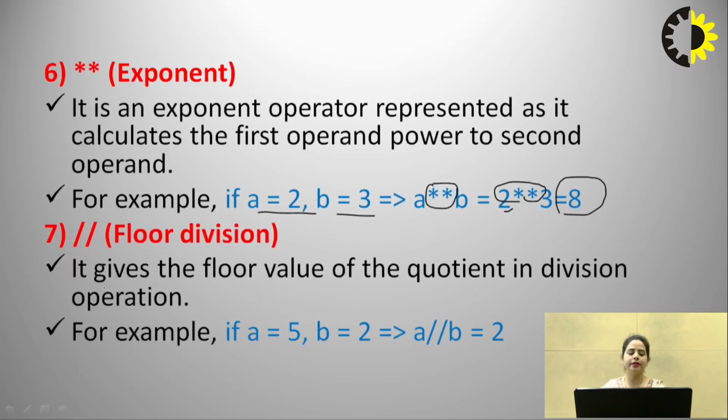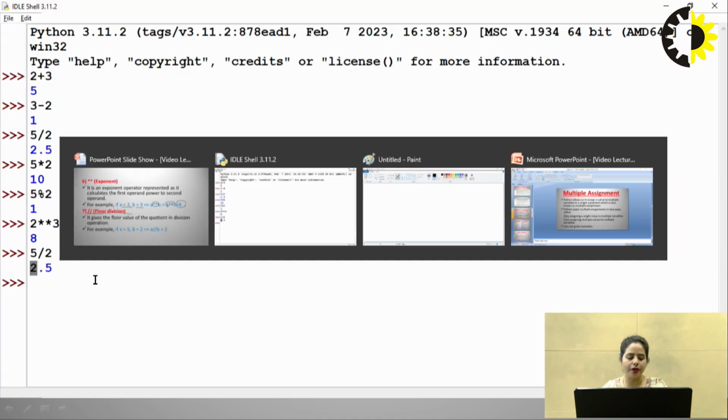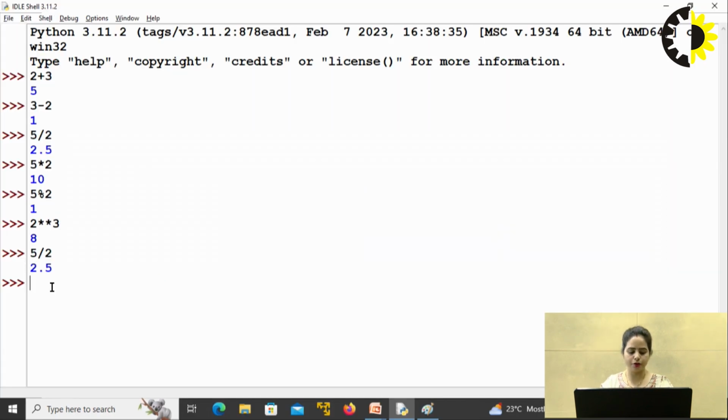For this, Python introduces a new operator, that is your floor division. Floor division is used to give the floor value of the quotient part. If I use 5 floor division 2, it will give only 2, that is your integer part of the quotient in division operation. So floor division is basically used to represent the integral part of the quotient in division operation.